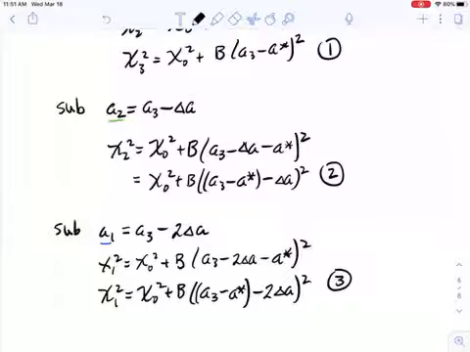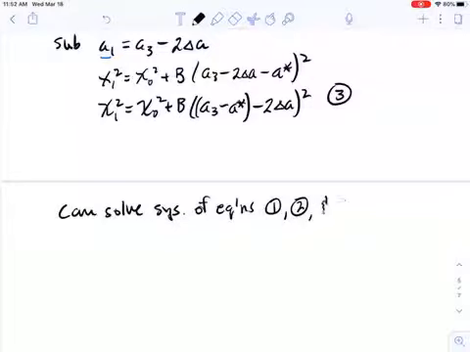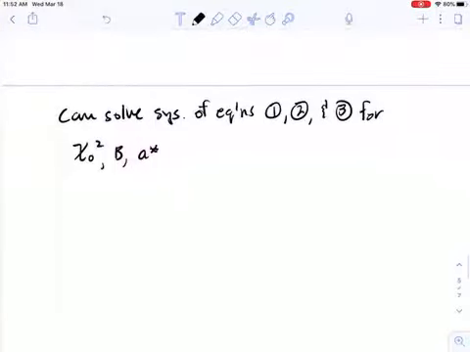But all of those unknown parameters are inside these three independent equations, and so we can solve the system of equations 1, 2, and 3 for the unknown parameters chi0 squared, b, and A star. So I'm not going to go through that process, but it's something you can do for yourself.